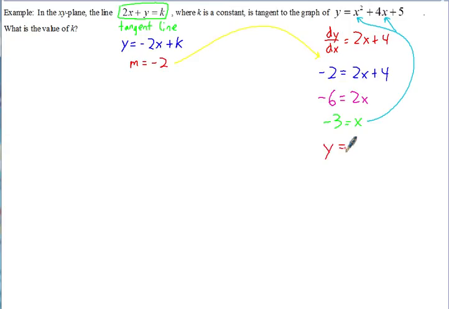So y would equal negative 3 squared plus 4 times negative 3 plus 5. So negative 3 squared is 9, minus 12 plus 5. That gives you 14 minus 12 is 2. So there's our y coordinate.